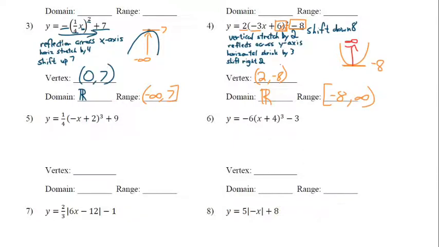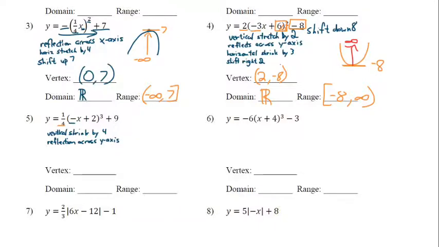Alright, number 5. You got this 1/4 outside, so that is a vertical shrink by 4. You got the negative on the inside, you're multiplying by a negative, so that's a reflection across the y-axis.